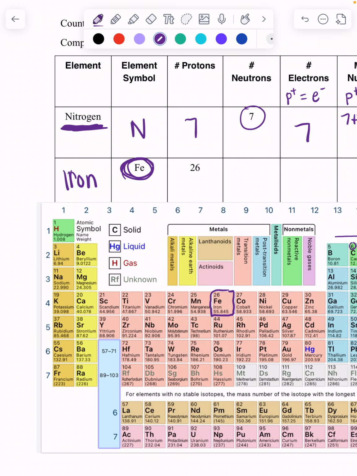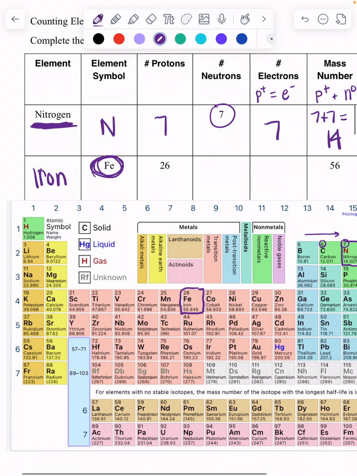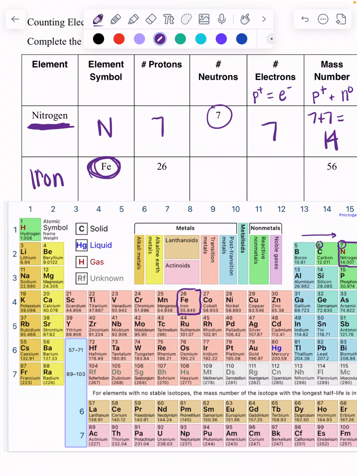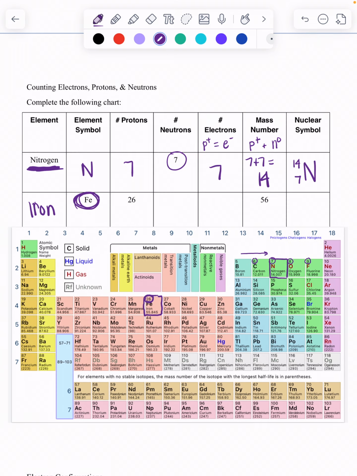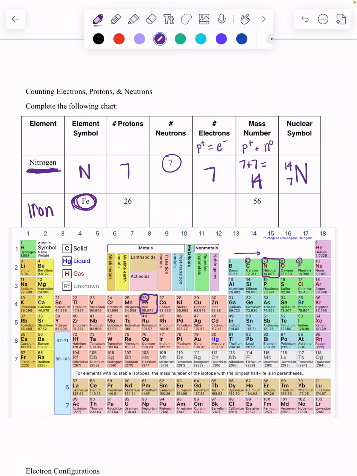Okay, cool. So this is iron, and it tells us that we have 26 protons, and we could have also figured that out by looking at the periodic table right here, 26. The next thing is, how many neutrons do I have? Since they don't give me my neutrons, I'm going to look at my mass number.